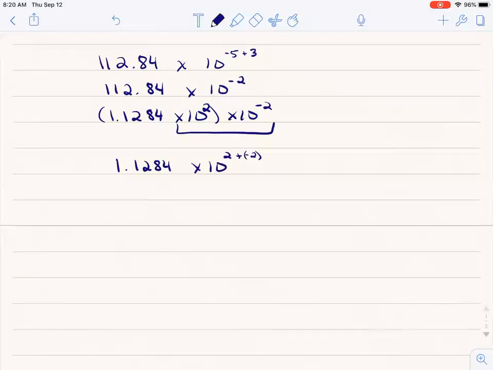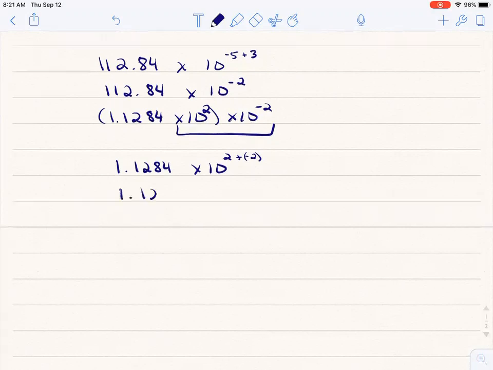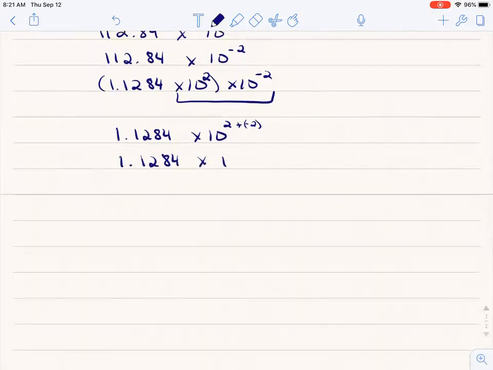Crisis averted. So then you have 10 to the power of 0. As a rule, anything to the power of 0 is just 1, and so we've got 1.1284 times 1, which is just 1.1284.